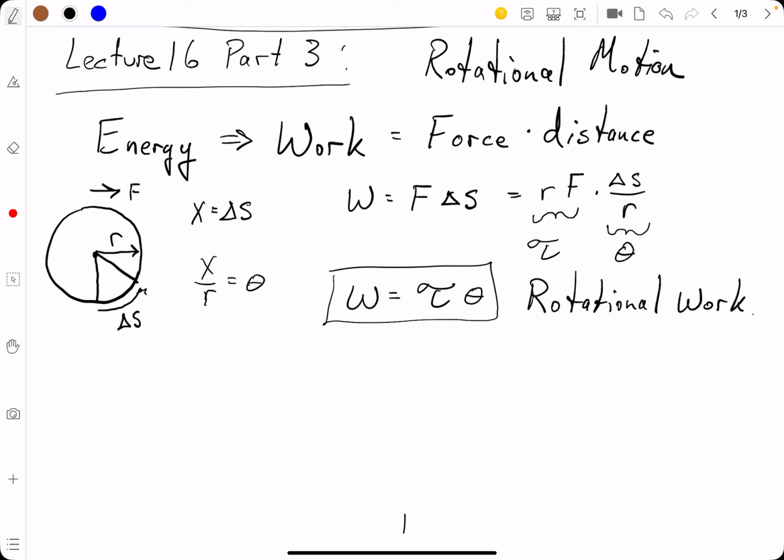Let's say here, I'm going to delete that F. I want to put an F exactly in the right spot. Okay? So, if we apply a force at this point, totally perpendicular to our radius r, tangential, right, to the radius, to the surface, then that means our delta S is going to grow this direction.